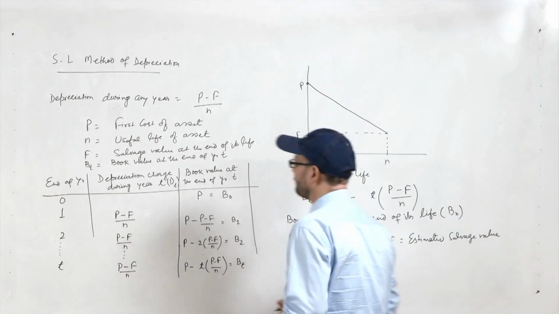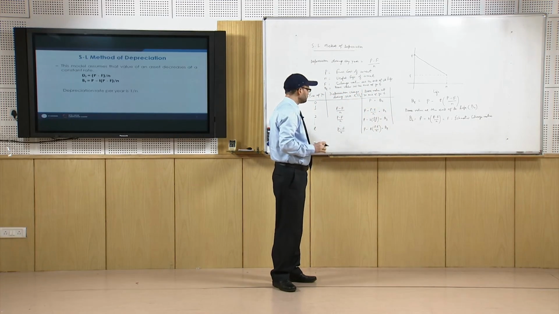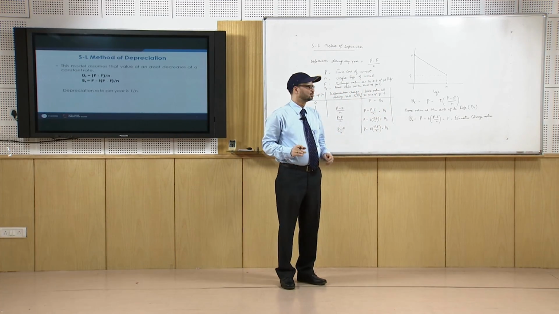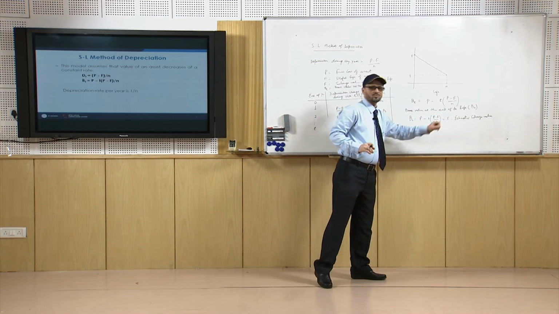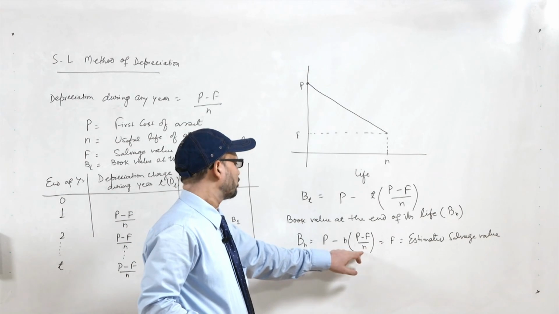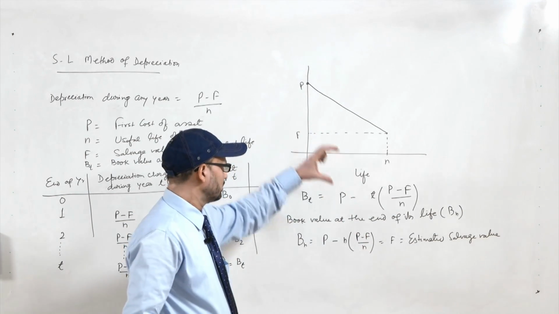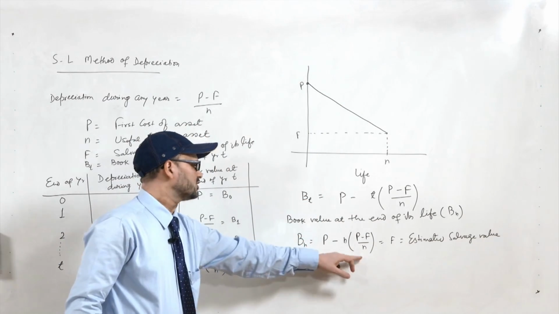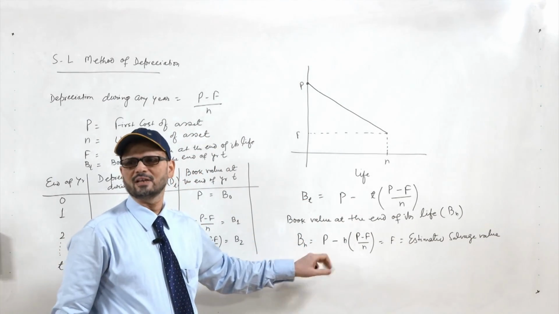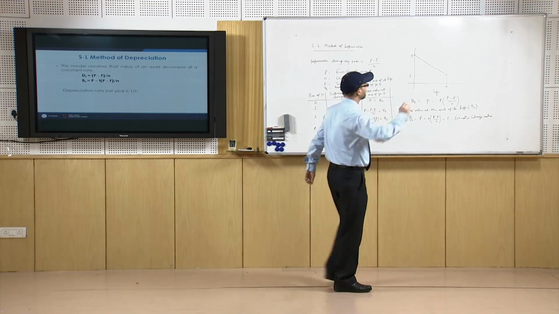So, basically what we see is that after n years of time, the salvage value is attained once you accumulate all the depreciation charges for the previous n years, and that is subtracted from the first cost of the asset. So, we can have an example.